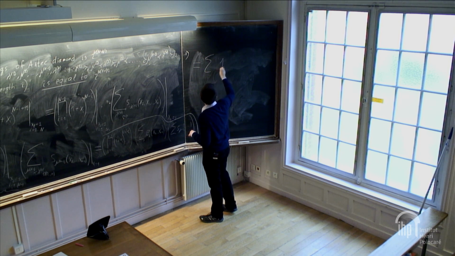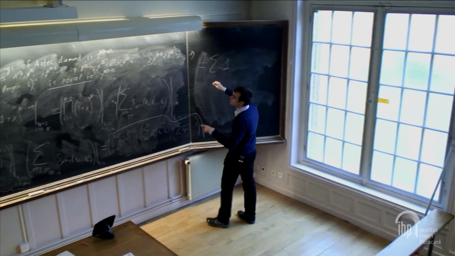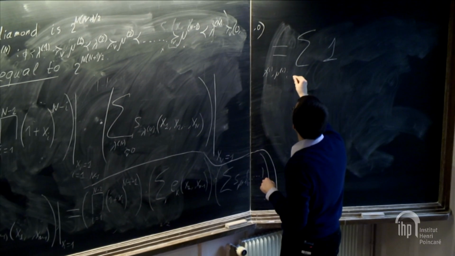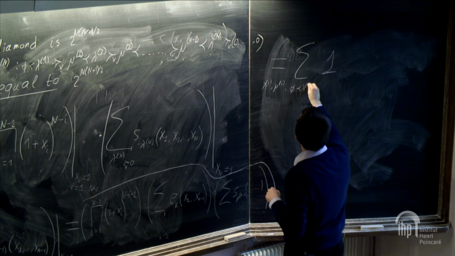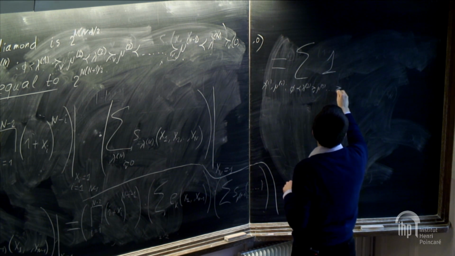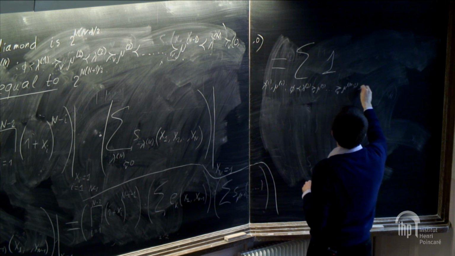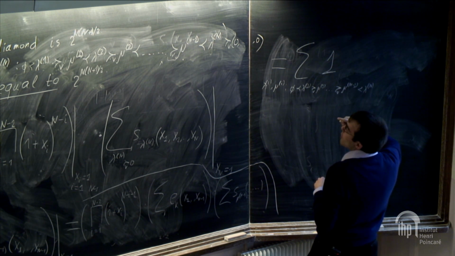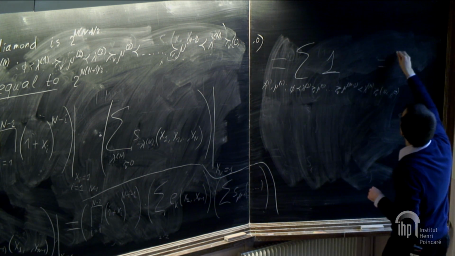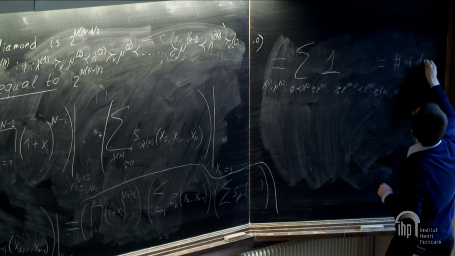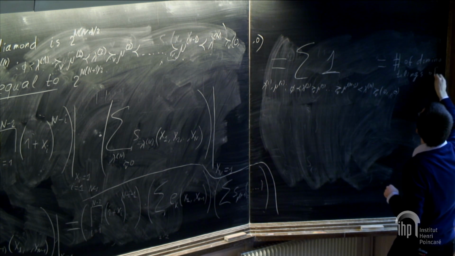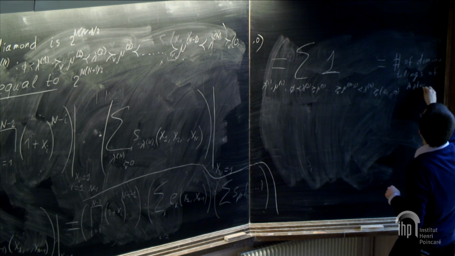Sum over ones, a sum of ones over all lambda i, mu i, such that the empty set, lambda 1, mu 1, vertically interlace up to mu n minus 1, lambda n, vertically interlacing with zeros, and this is exactly the number of domino tilings of the Aztec diamond.